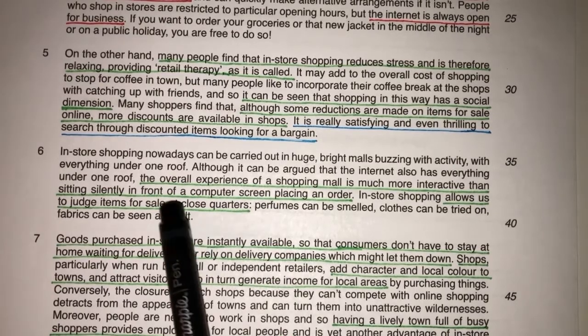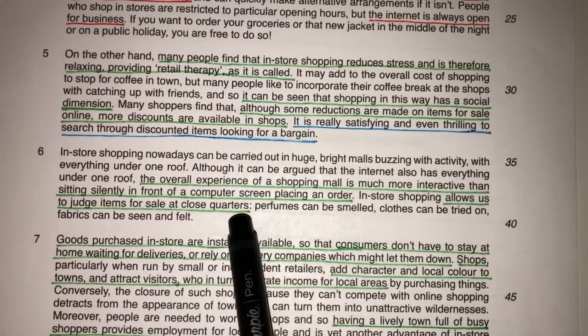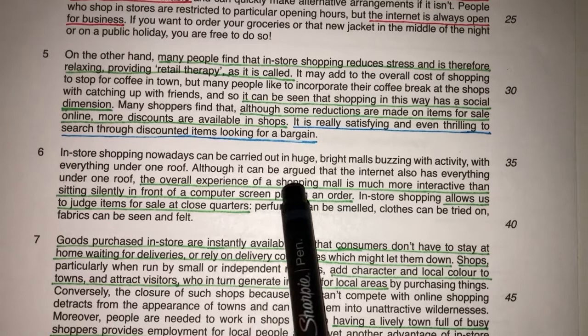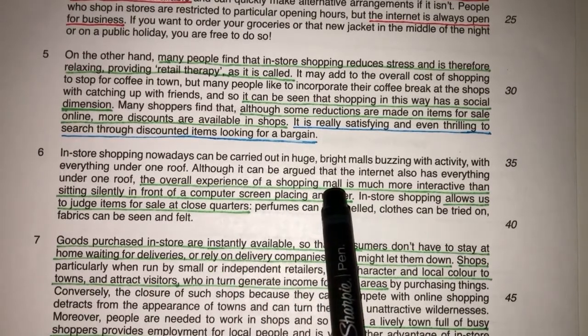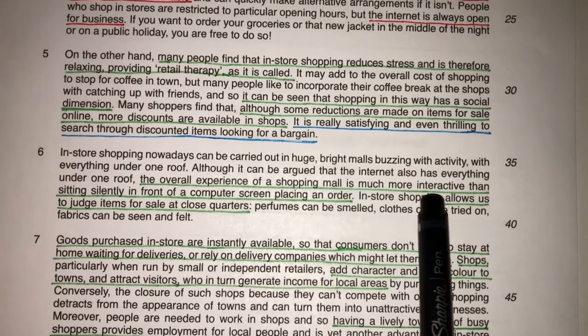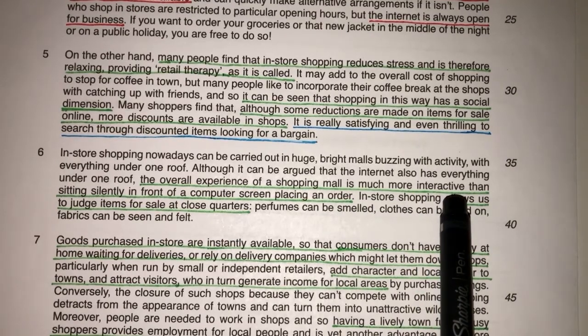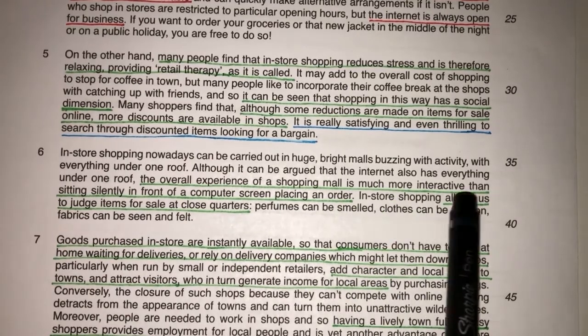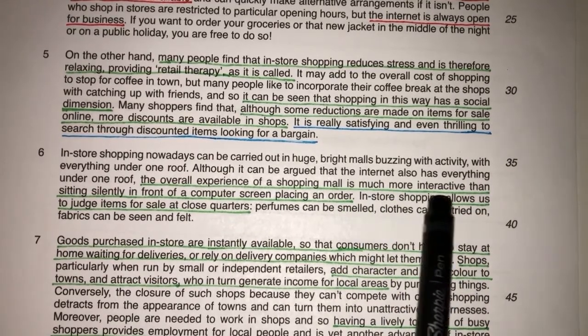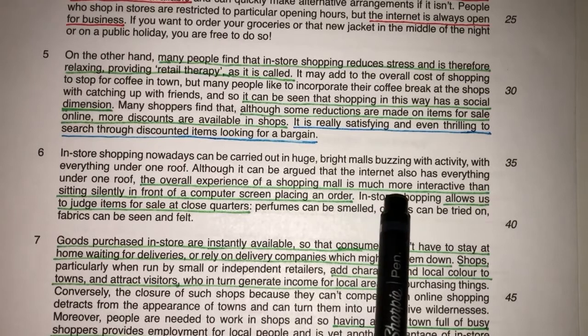So the major point in paragraph 6 is that in-store shopping, so the experience of a shopping mall, is much more interactive than online shopping. So "much more interactive" is our key idea here.